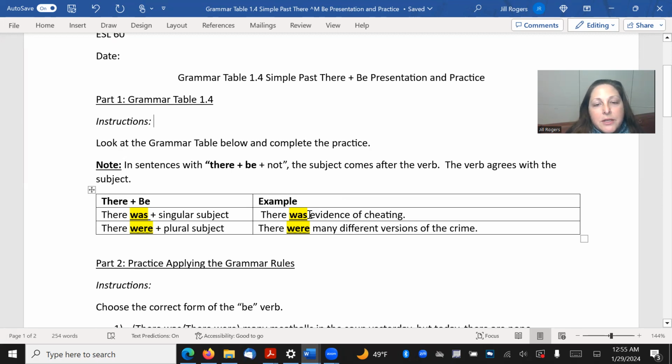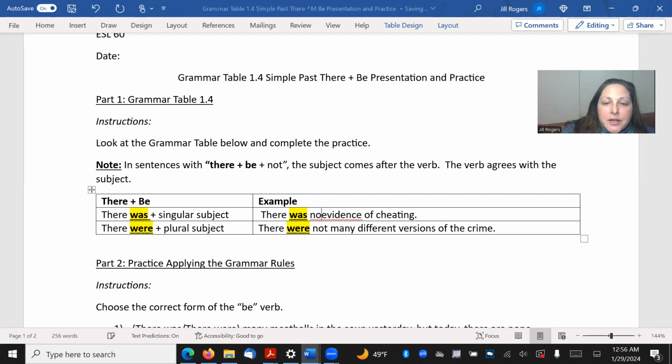So if we wanted to make these negative, it would be there was not evidence of cheating, and there were not many different versions of the crime. Also, we learned we could say it the other way. When it's academic, there was no evidence of cheating. And so I'm not going to do a whole other lesson on that because we already did it.